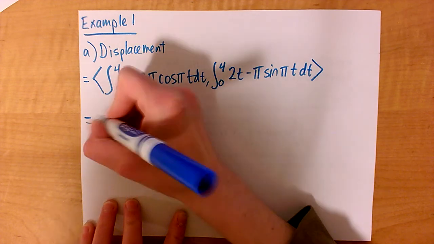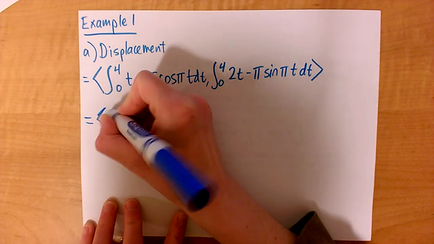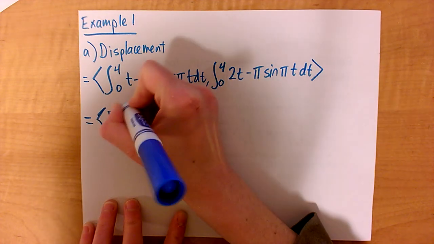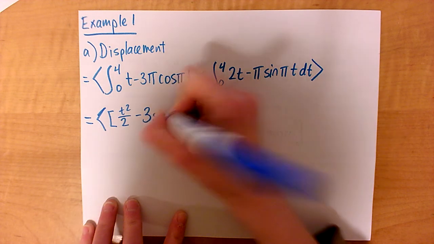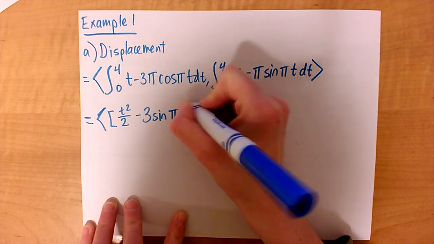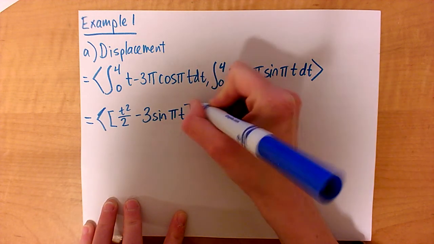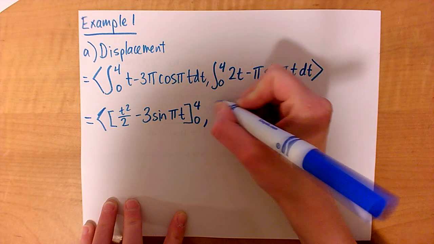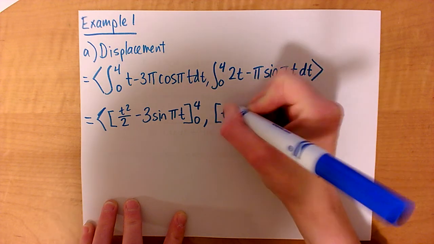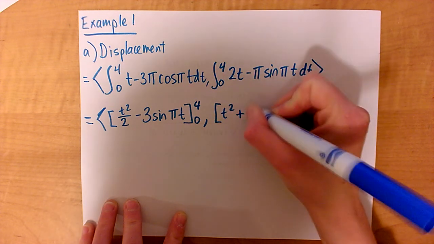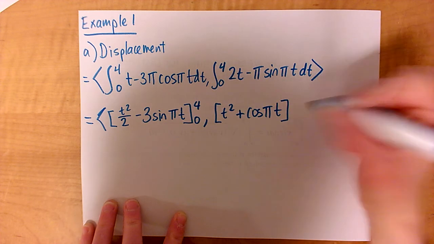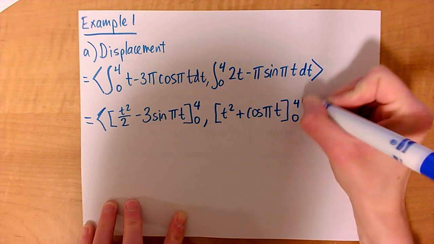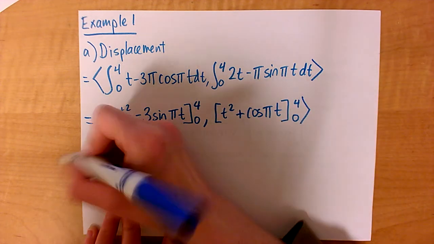And so if we take those antiderivatives, we're going to get t squared over 2 minus 3 sine pi t evaluated from 0 to 4, and then t squared plus cosine pi t evaluated also from 0 to 4, right?